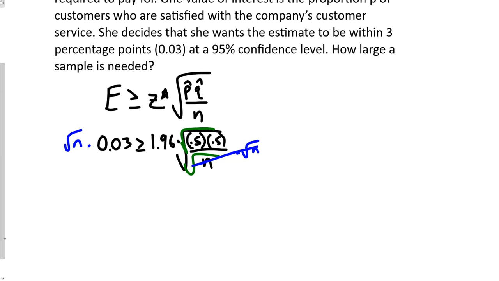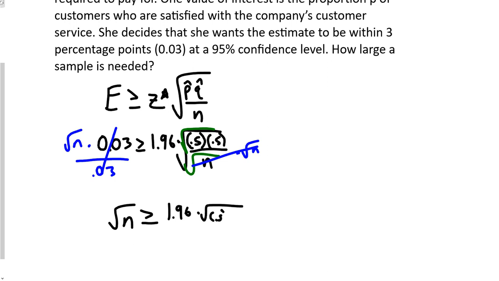I'll show you how I do it in the calculator in a second. I would divide then by 0.03 to cancel this out. So I'm left with the square root of n on this side. And the other side is going to be that 1.96 times the square root of 0.5 times 0.5, all divided by 0.03. And how do I get rid of that square root part? I would square it. So all of this squared.